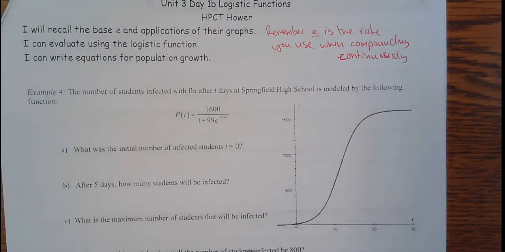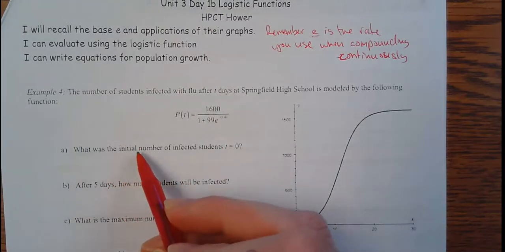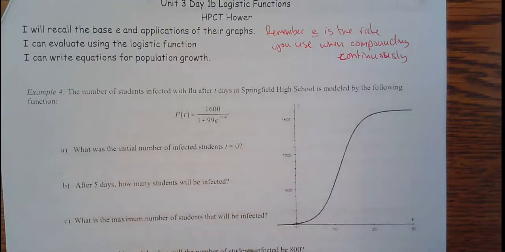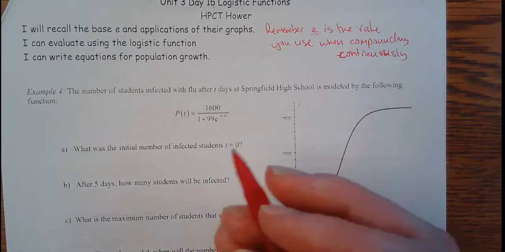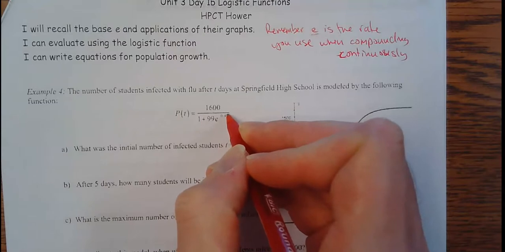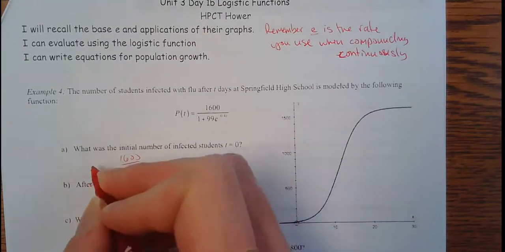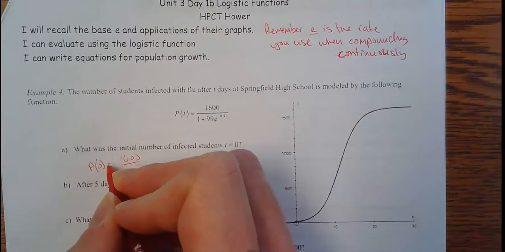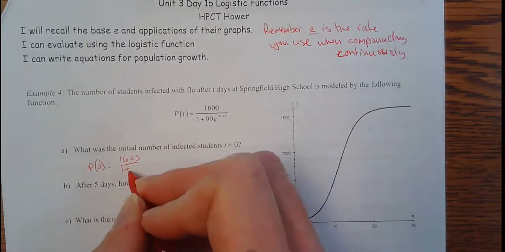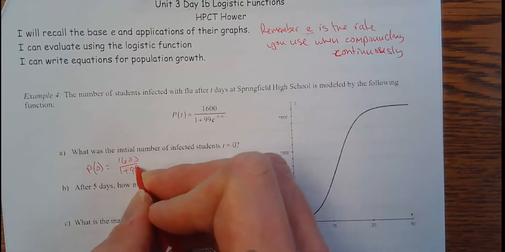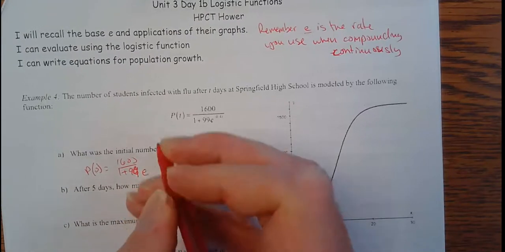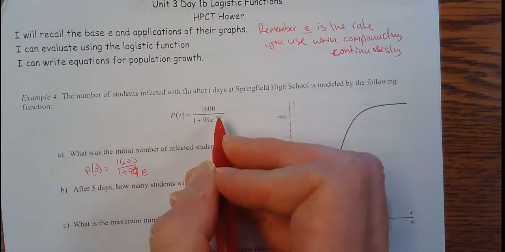But this is the function. So they give us the function here. What was the initial number of infections? So on day 1, how many infections were there? Well, for this one, just plug in 0 for t there. So it would be 1600, and this is population when time is 0, over 1 plus 99 e to the, and it doesn't really matter what I'm multiplying by.